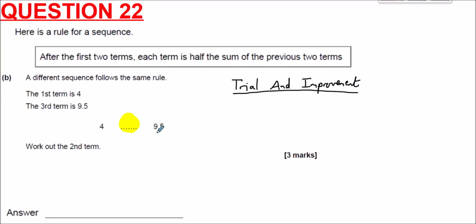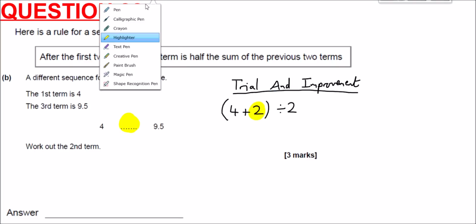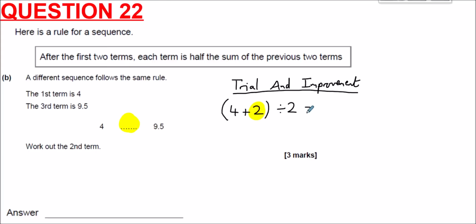And so this term here is what we get when we add together the previous two terms and half them. So let's say maybe it was 2. What's 4 plus 2 divided by 2? Is that going to be 9.5, I wonder?